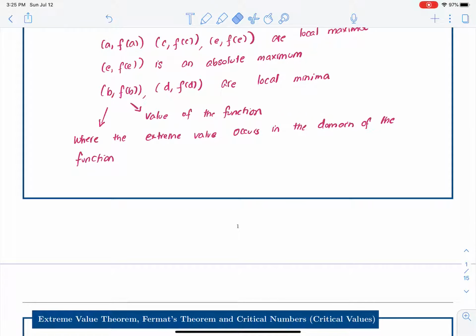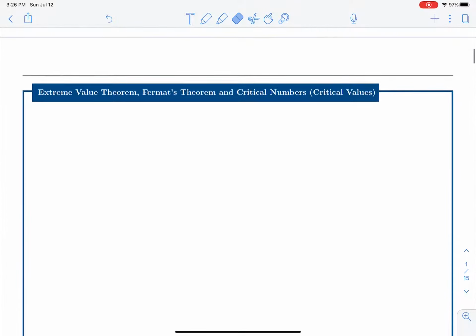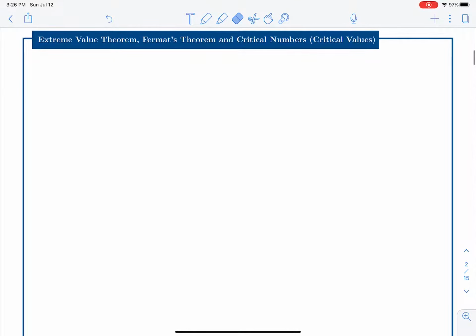So the x-coordinate is simply the point where the extrema occurs, and f of b or f of d, f of a, f of c, f of e, those are all the values of the extreme value that we observe.